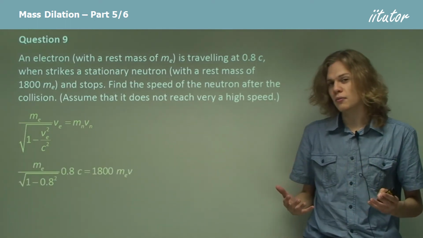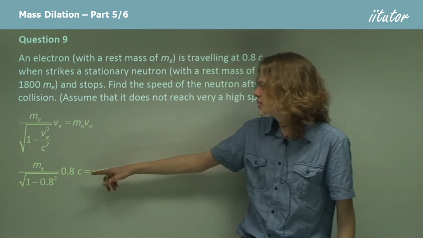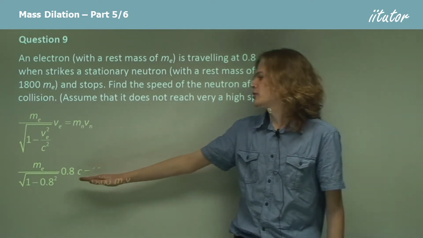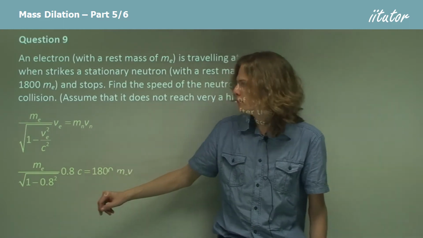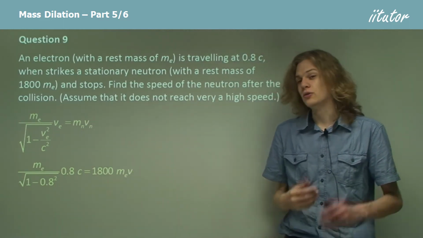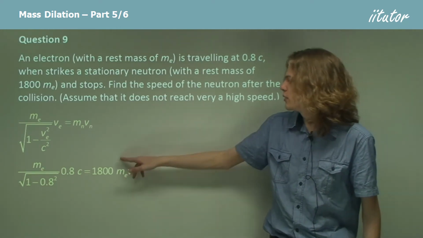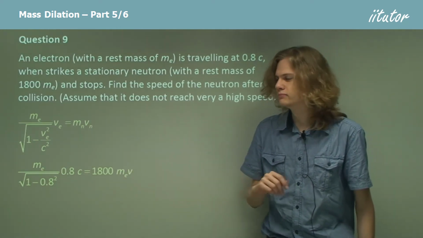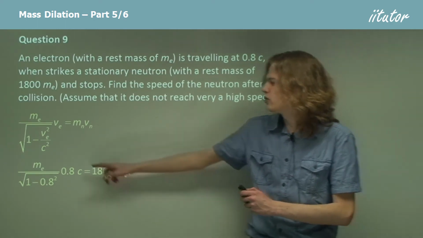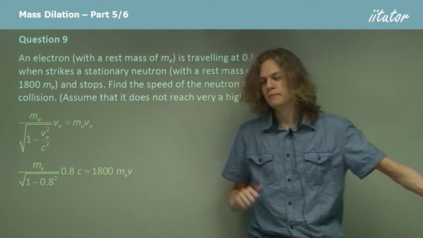So substituting in our numbers, we have 0.8 c for the velocity of the electron, which we've substituted in the denominator as well. And we can see that the mass of a neutron, or at least the rest mass of a neutron, will be given by this number here, right? Now, we can see that the Mes are going to cancel out. Fantastic.